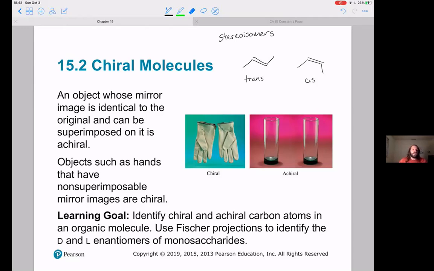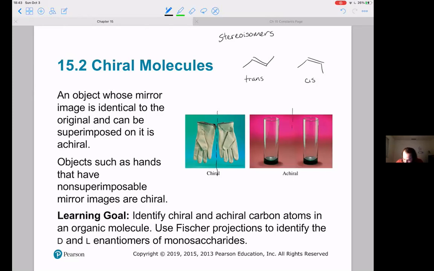Okay, so a chiral molecule, or a chiral object in general, is an object where its mirror image cannot be superimposed. So for example, if I took a pair of gloves, they are mirror images of one another, but if you picked up those two gloves, you can't superimpose them, meaning match everything perfectly, right?